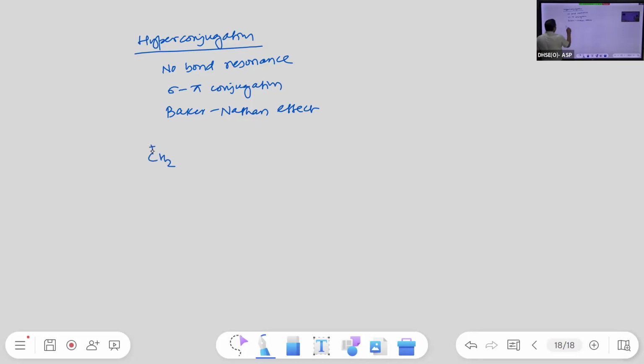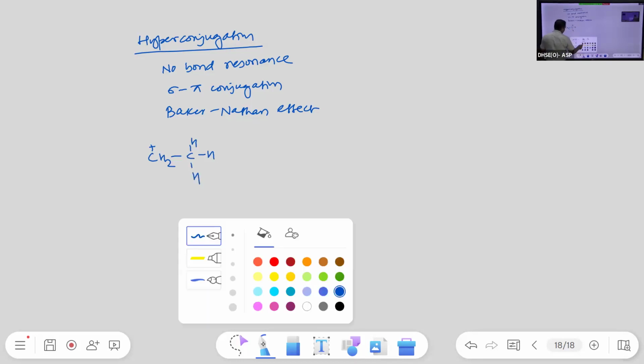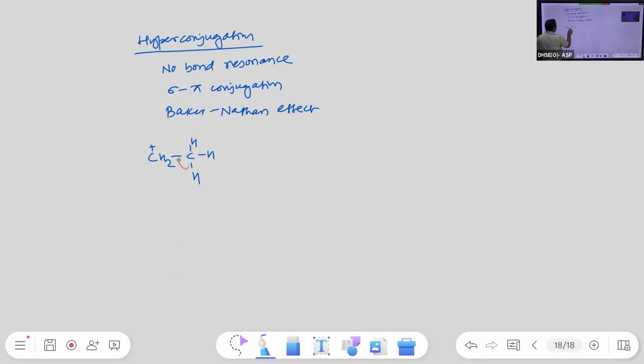If we take this structure, I am going to give one example. Here, CH2 plus means carbon carries positive charge. So positive charge means it is the vacant orbital. Since carbon carries positive charge, a vacant orbital, this sigma bond can be delocalized, can enter into the vacant orbital.